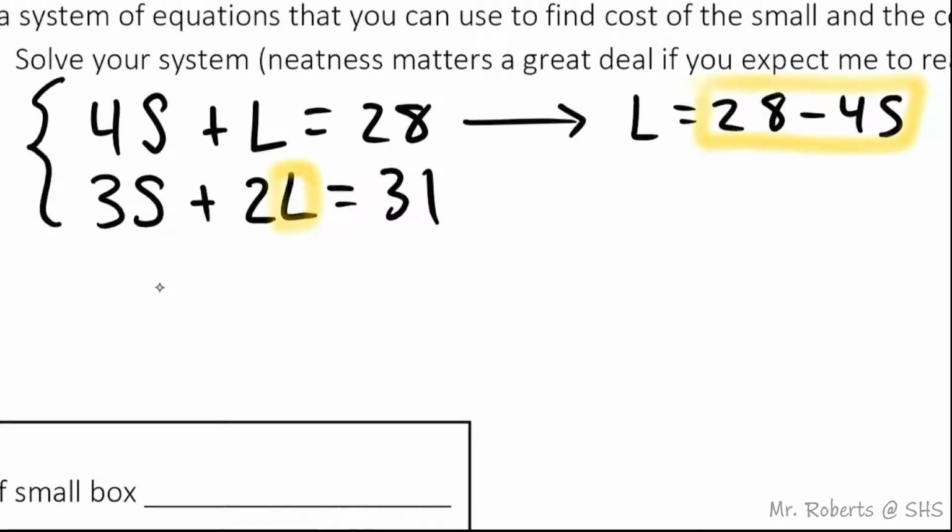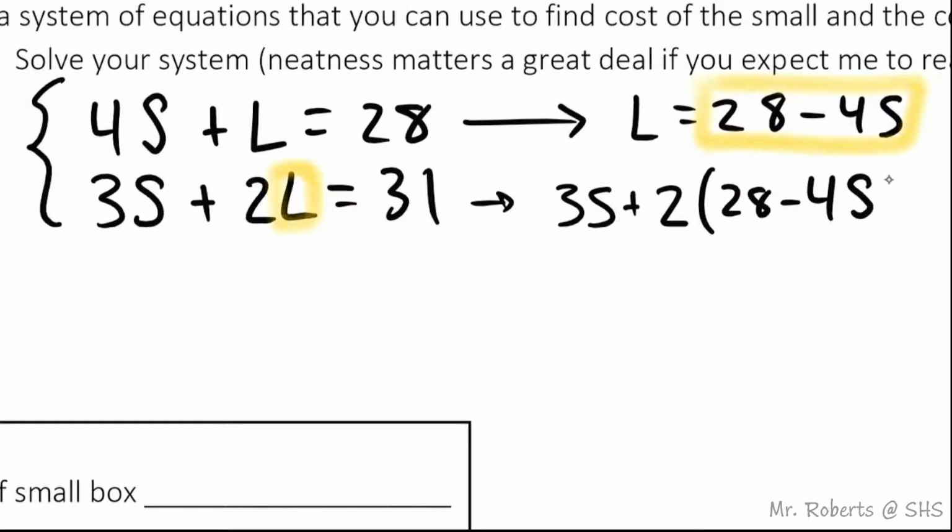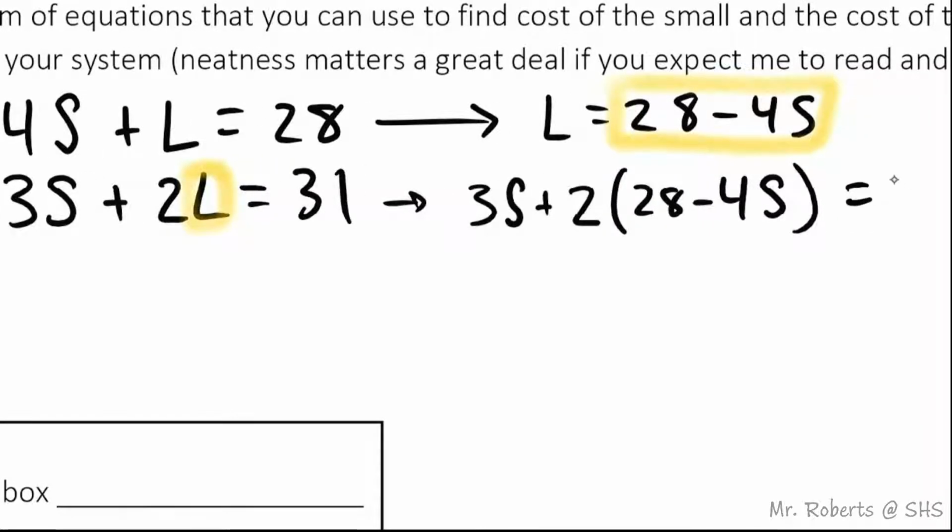So this second equation is going to become, after the substitution, 3s plus 2 times the quantity of 28 minus 4s. Got to be careful because that s can start to look like a 5 if I'm not careful. In fact, this is not 35, this is 3s, right? So 3s plus 2 times 28 minus 4s is equal to 31.